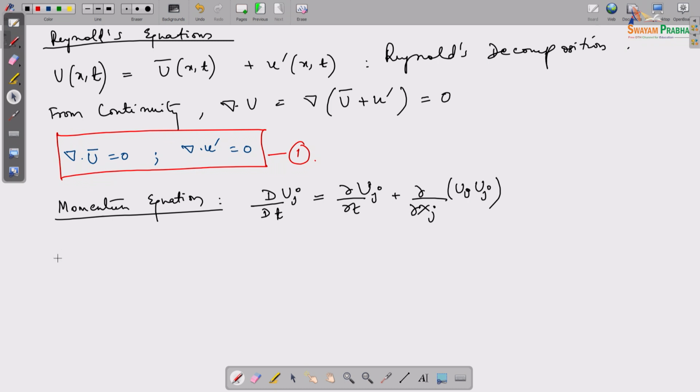I'm not driving it further; we've done this before. Now the mean momentum equation then is equal to this.